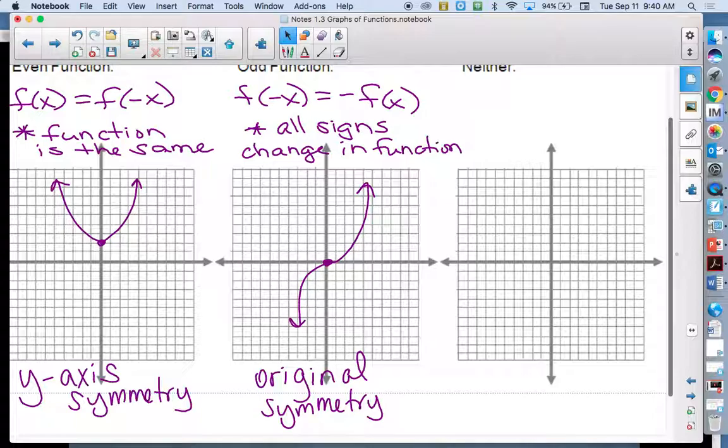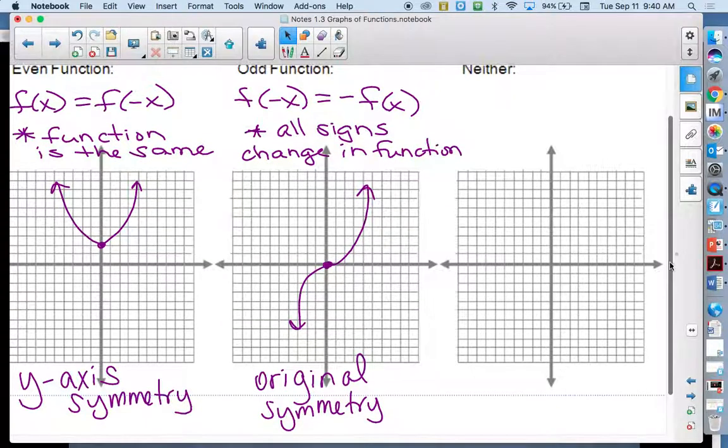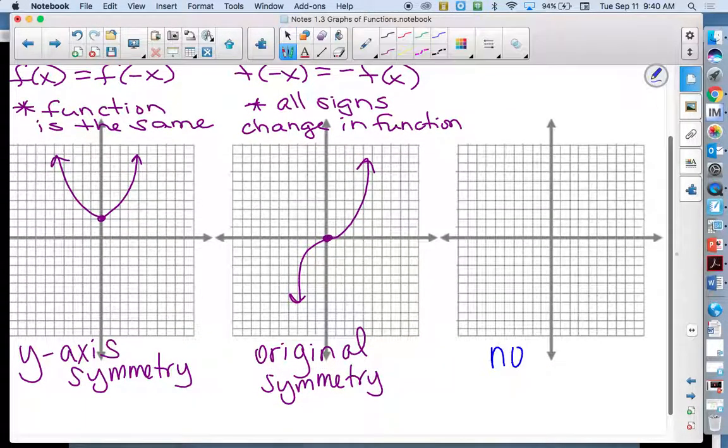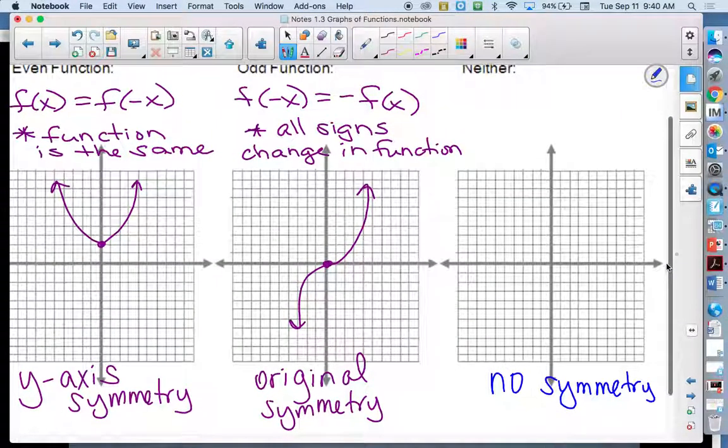If it is neither even nor odd, then you're going to kind of have a mix of the two. It would have no symmetry. There isn't really a test, but you might have one sign change and the other doesn't, but not all of them.